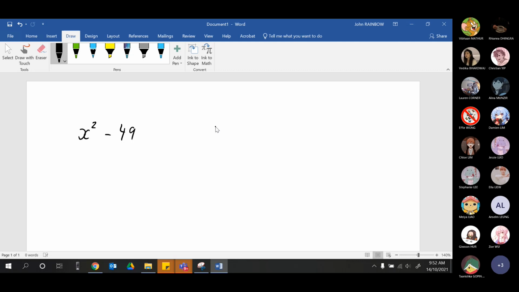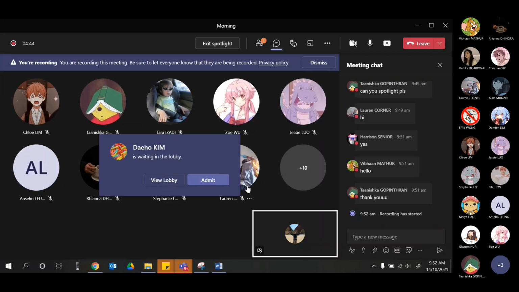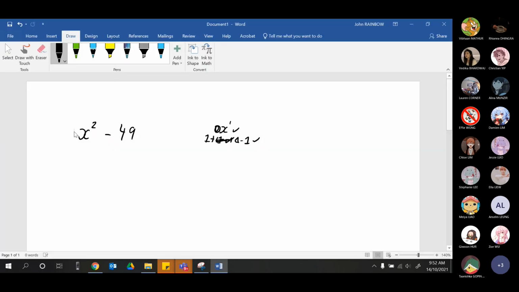So we've got 0 x's in this case to the power of 1. We've got none of those, tick. And we've got 1 positive and we've got 1 negative term. Tick, okay, 1 positive and 1 negative, tick. Okay, so we can see that this is going to be a difference of perfect squares.